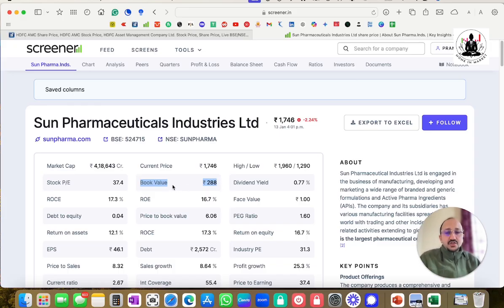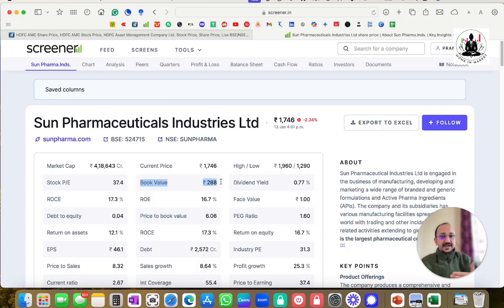Those reserves and surpluses, along with face value, give the book value. So what is the book value of a share? Book value of a share is face value plus reserves and surpluses.